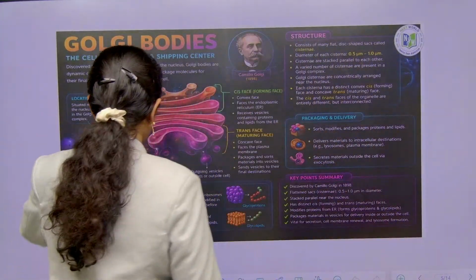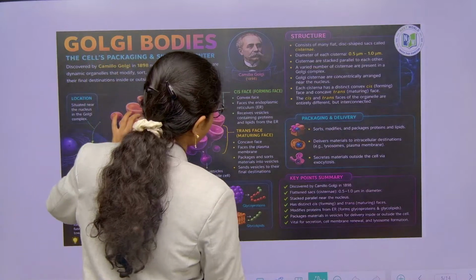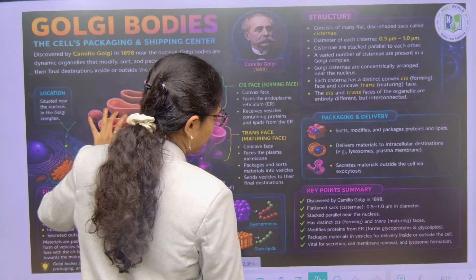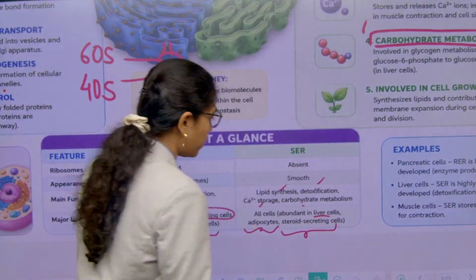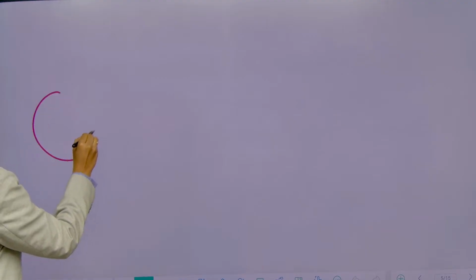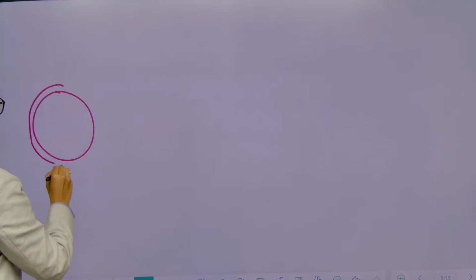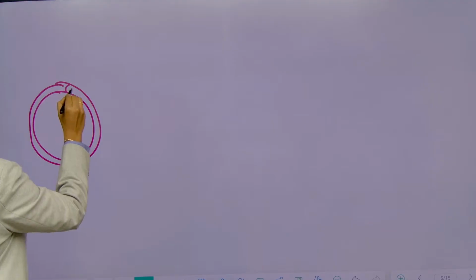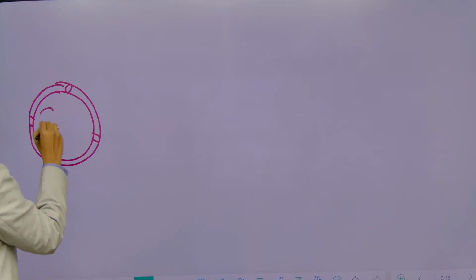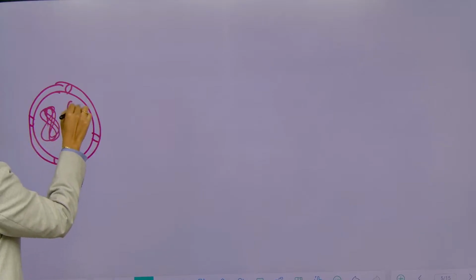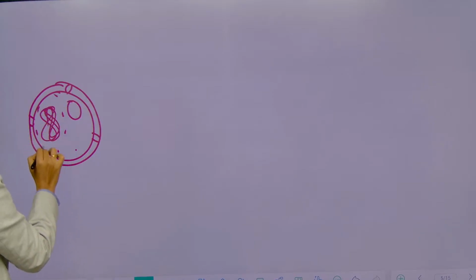So now, Golgi bodies. First let me present it to you in the form of a small cartoon diagram so that you will remember it well. Suppose this is the nucleus, and this is the envelope with small pores over the nucleus, the nucleolus and nucleoplasm.